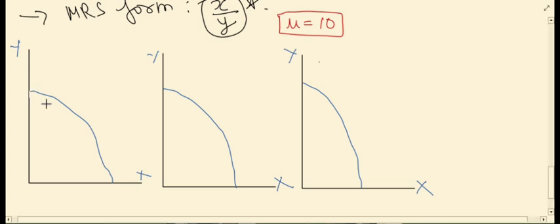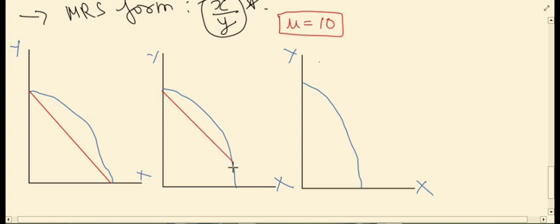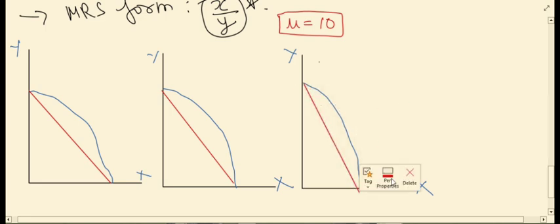Like we draw, we join these ICs. We join the endpoints. This can be the endpoints.